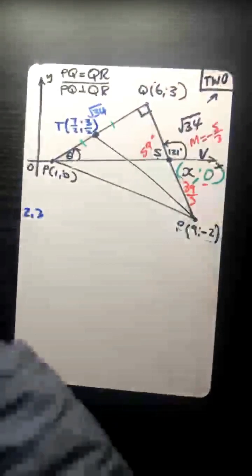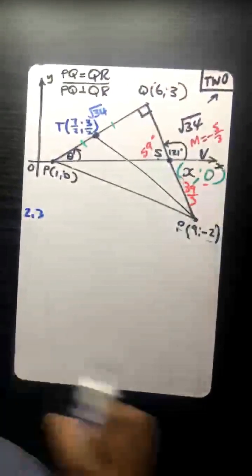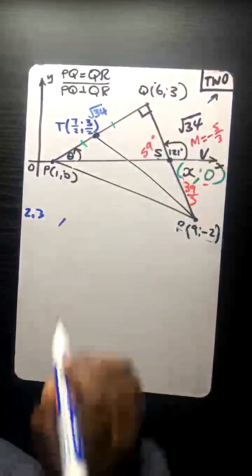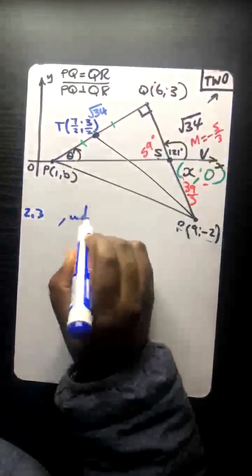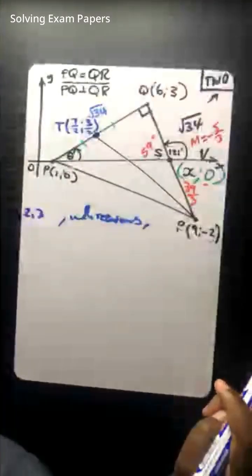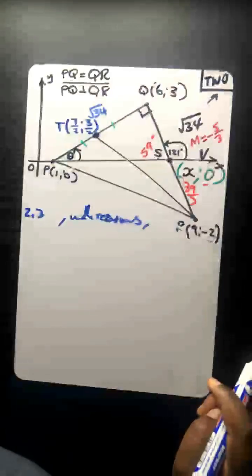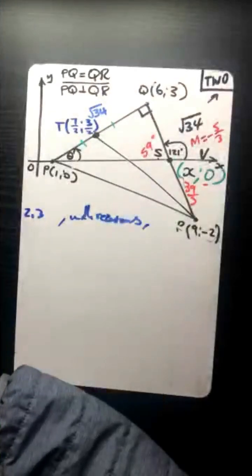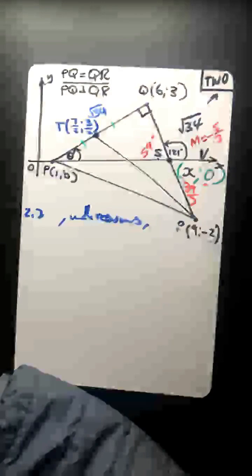Okay, let's see. 2.3 says determine with reasons. Very, very important, ladies, with reasons, for you to score full marks.